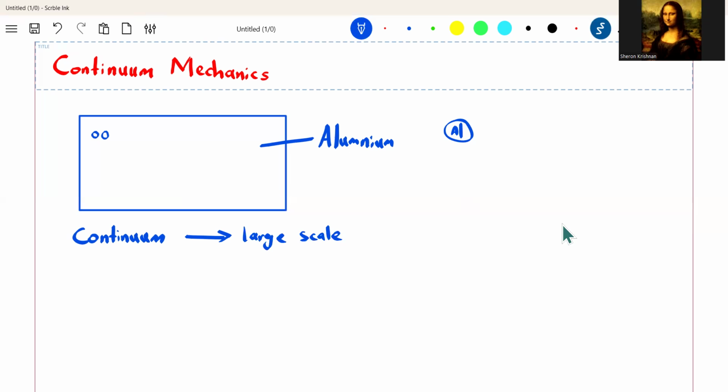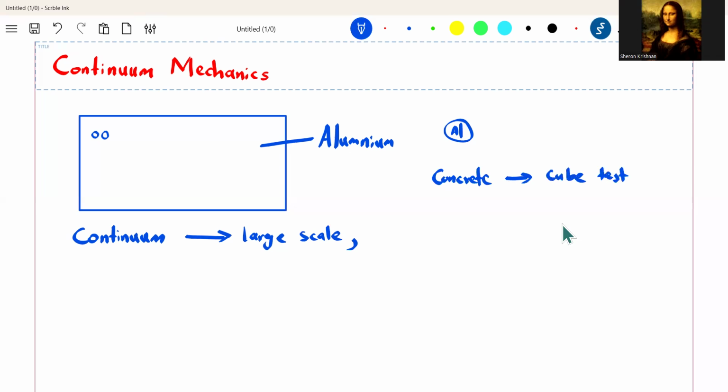This is one reason. The second reason is that we understand the mechanistic behavior of our material through experimental study. Let's say concrete. To study the strength of concrete, we do a cube test.